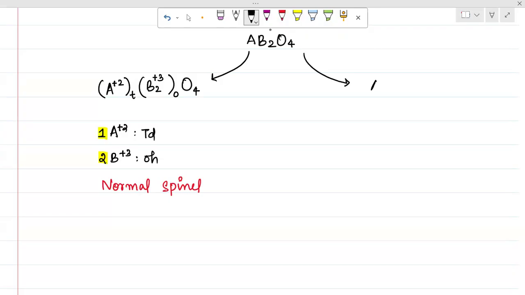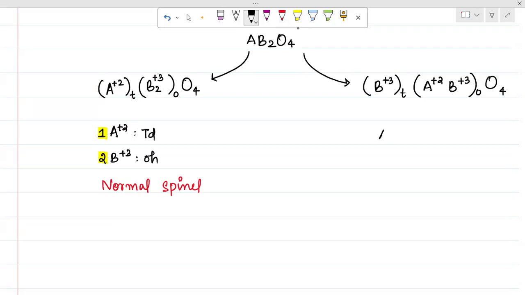And the other case is where the tetrahedral site is occupied by a 3+ cation, and in the octahedral site you will have one 2+ cation and the other 3+ cation.